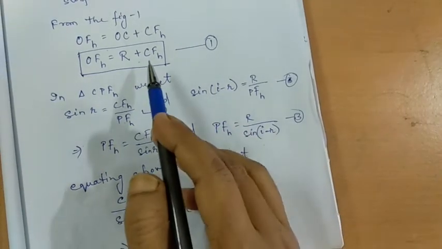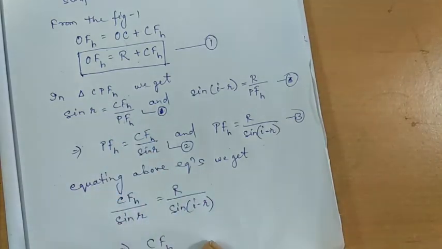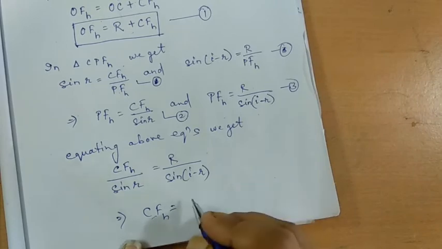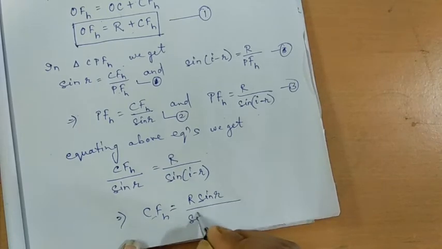To calculate this CFH value, we have considered this triangle and found CFH as R sin R divided by sine I minus R.